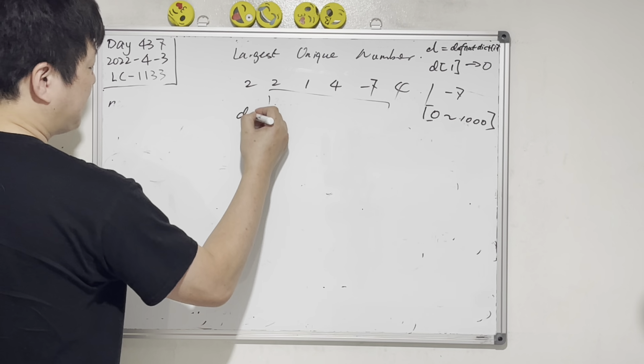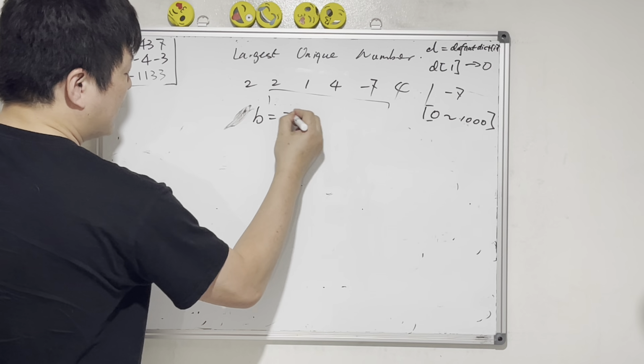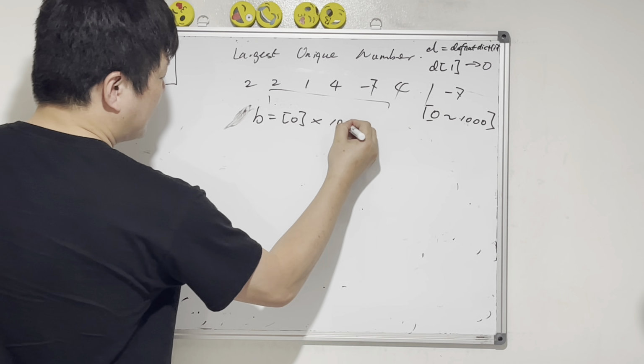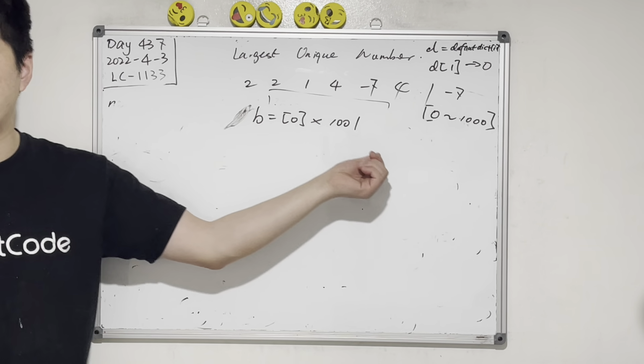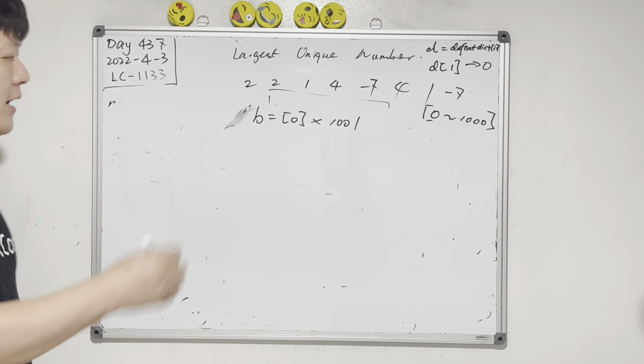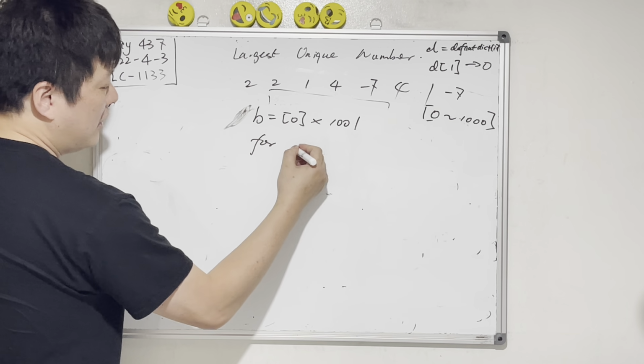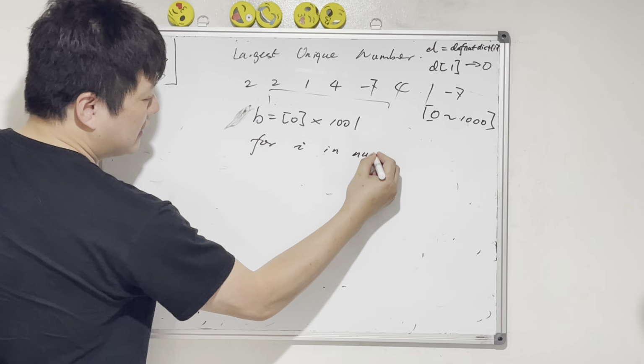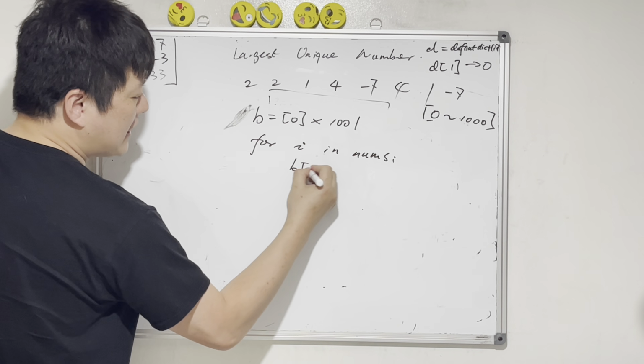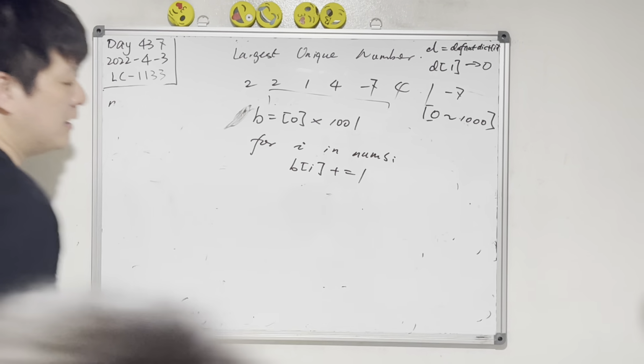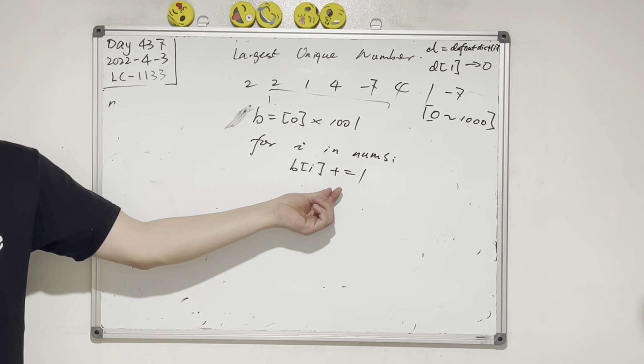So now, we can say the bucket B equals, at the beginning, [0] times 1,001. We have 1,001 buckets, and then we do for i in nums, b[i] += 1. So we count, we update the bucket.